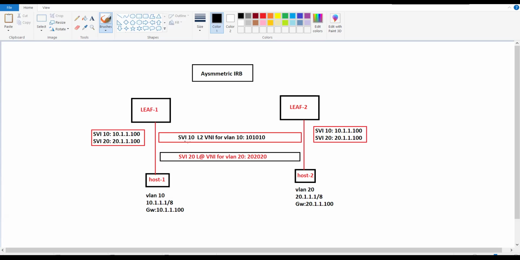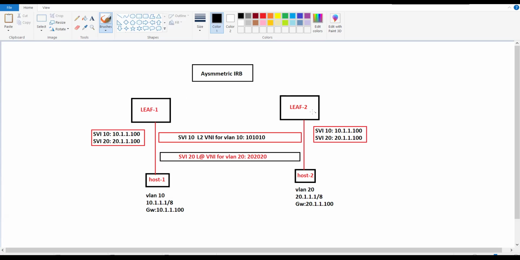The L2 VNI for VLAN 10 is 1010 10, and for VLAN 20 the VNI is 202020. So when traffic goes from leaf 1 to leaf 2, it puts VNI 202020. When leaf 2 receives this traffic, it sends it to host 2.